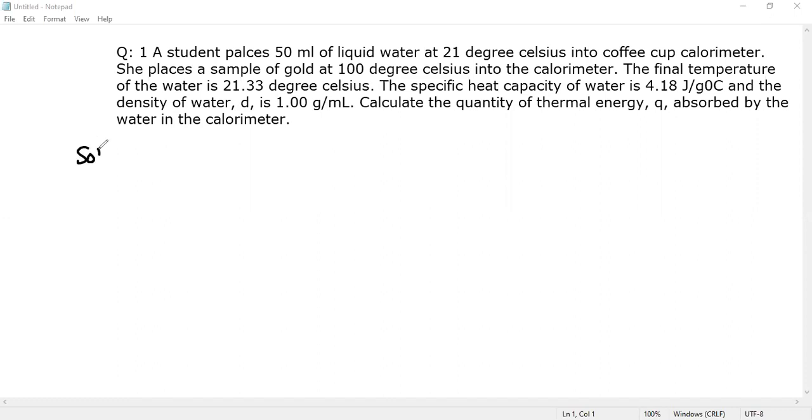Let's say we have this question right in front of us. A student places 50 ml of liquid water at 21 degrees Celsius into a coffee cup calorimeter.